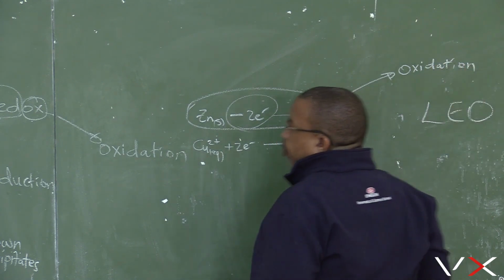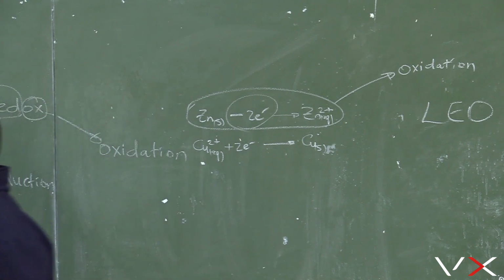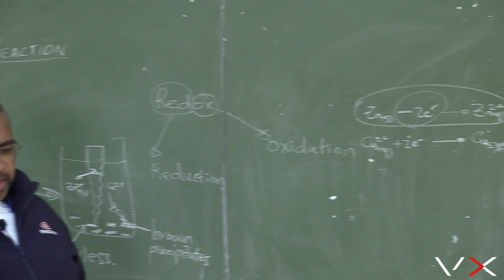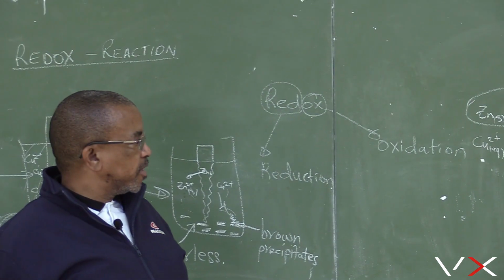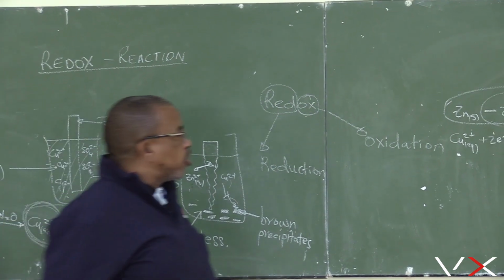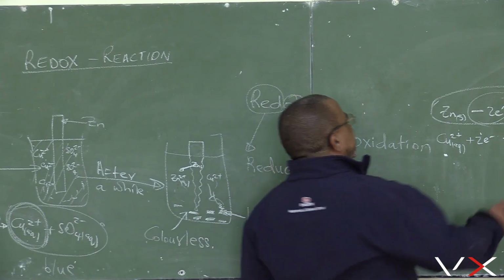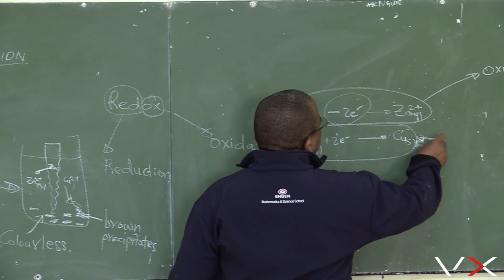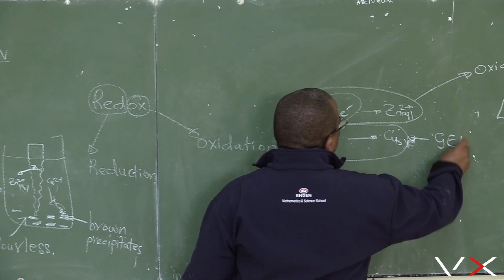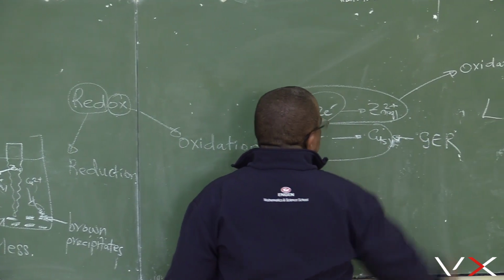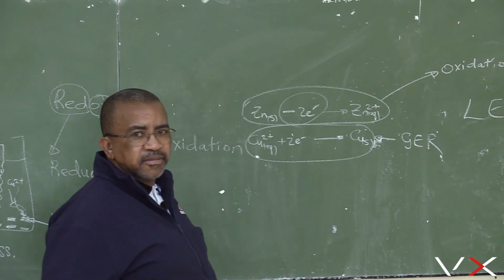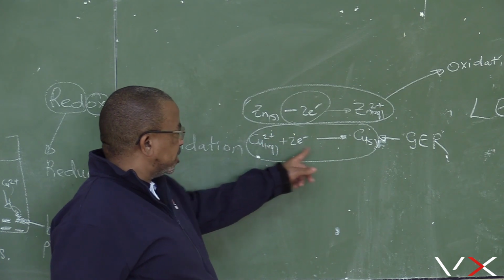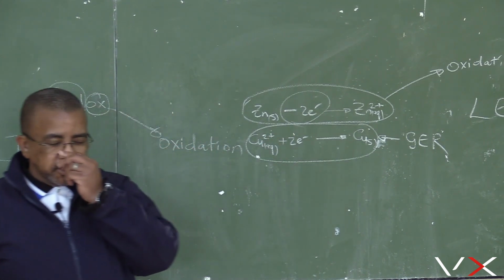As long as there is a loss of electrons, the process is known as oxidation. Now copper, it gains electrons. Gain of electrons, we call that reduction. Copper gains an electron, it undergoes reduction.